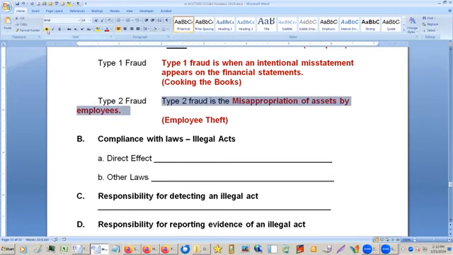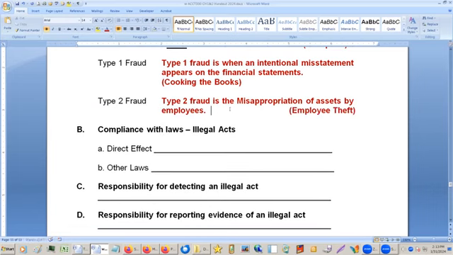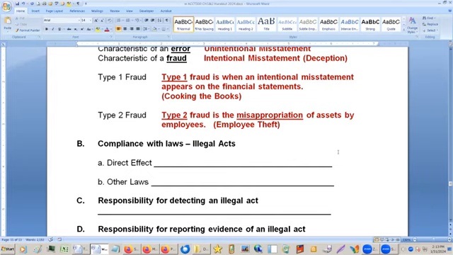So we have type 1 fraud, which is cooking the books, an intentional misstatement of the financial statements. Type 2 fraud is misappropriation of assets. I love the word misappropriation. It's such a nicer word than theft of assets by employees.